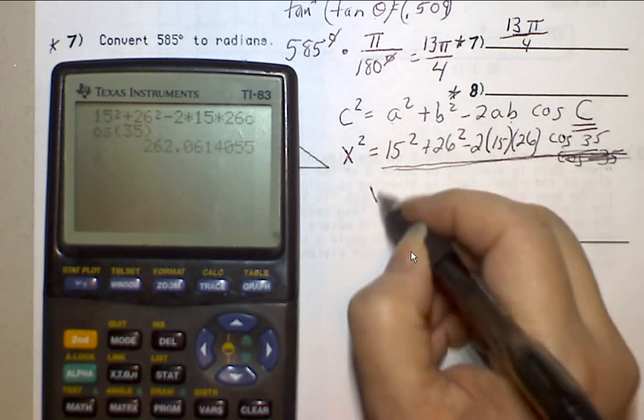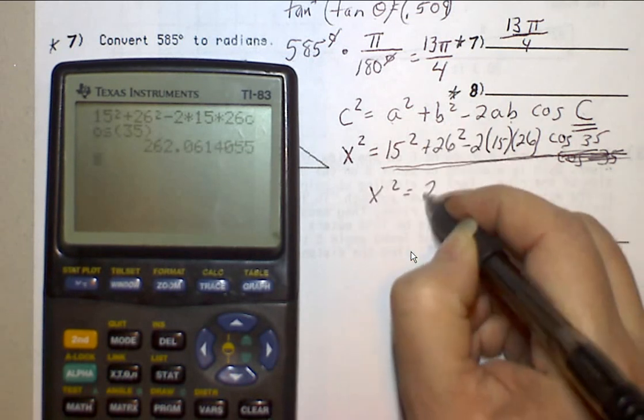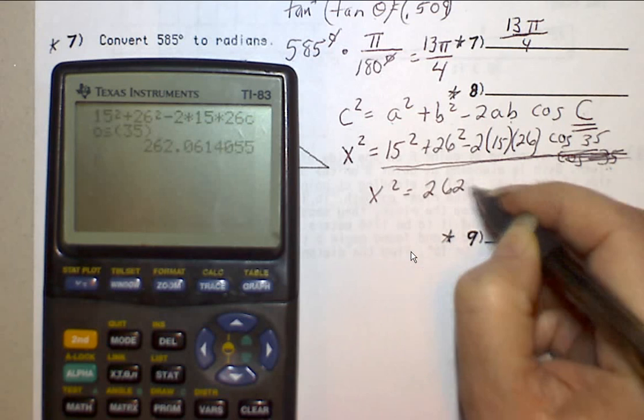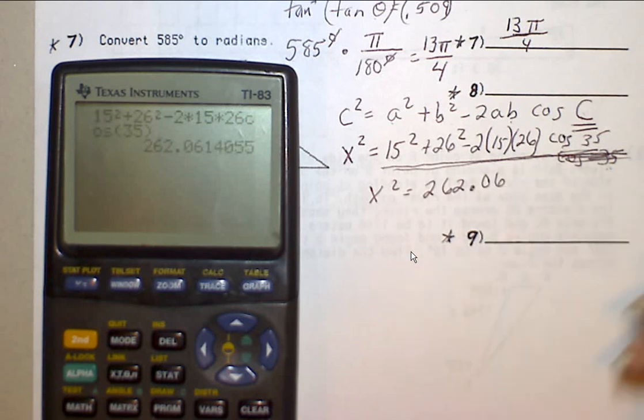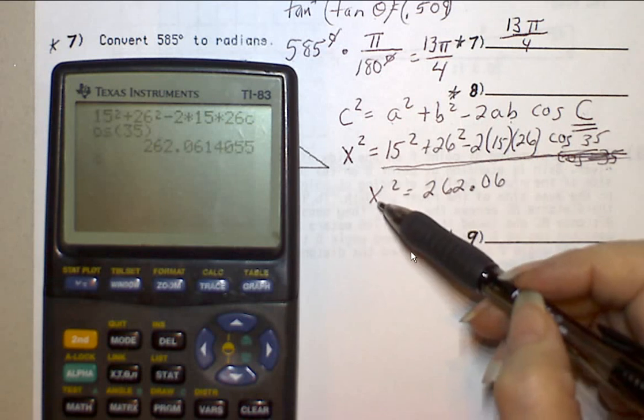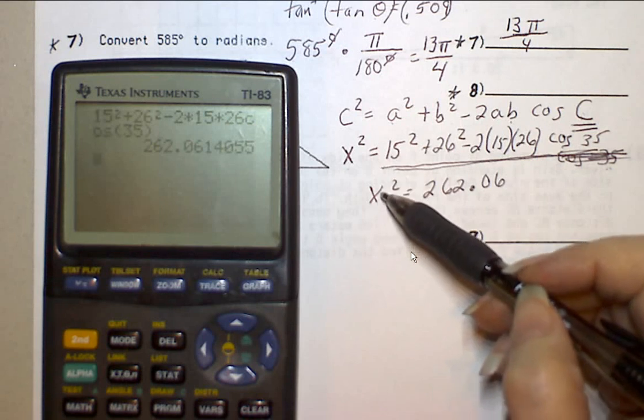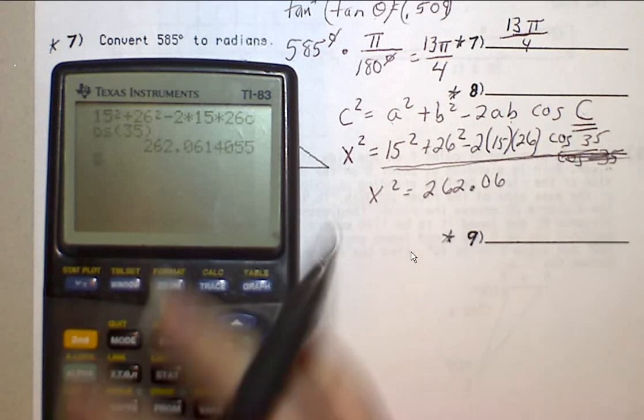So I get x squared is equal to 262.06. Now to get x by itself, I have to take the square root of my answer.